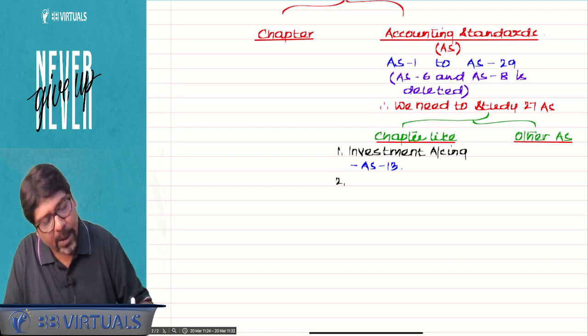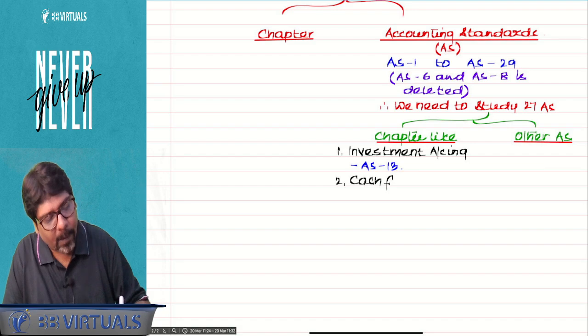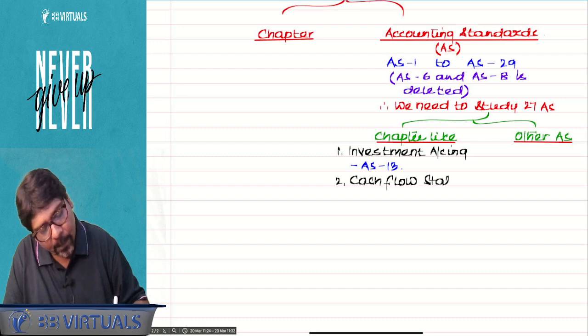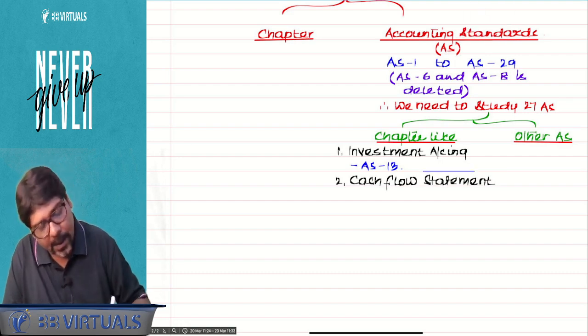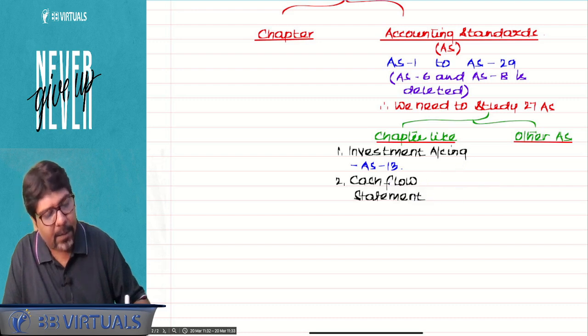Then chapter-like is cash flow statement. This cash flow statement is accounting standard 3.